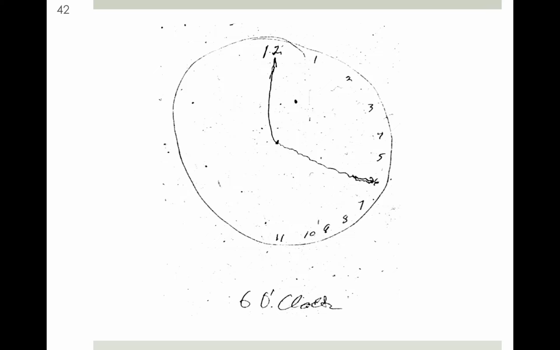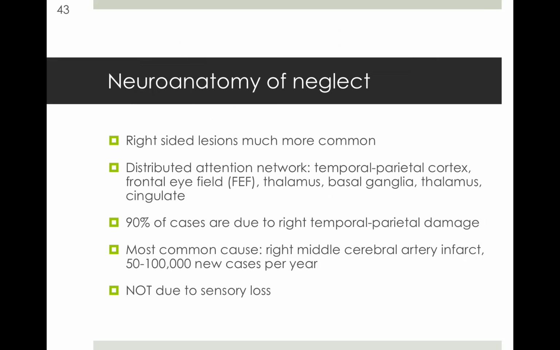So what kinds of neuroanatomy gives rise to this? In general, right-sided lesions are more common, and there's a distributed attention network. This is why the textbook showed the attention top-down control network to generally involve the dorsal parts of the brain, because people with neglect generally have lesions in the dorsal part of the right hemisphere.